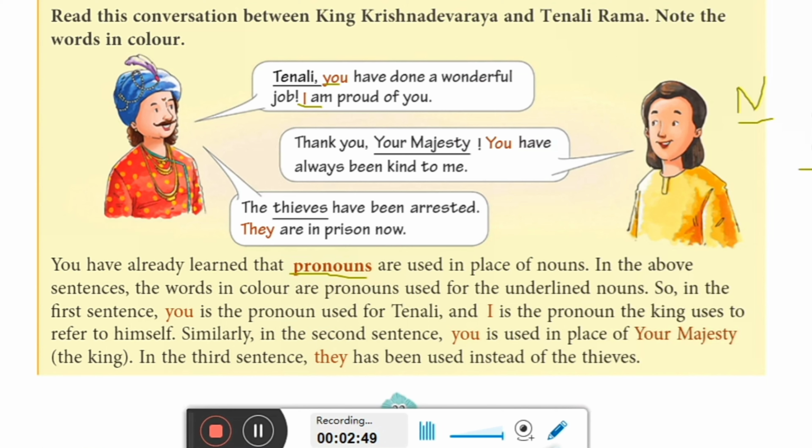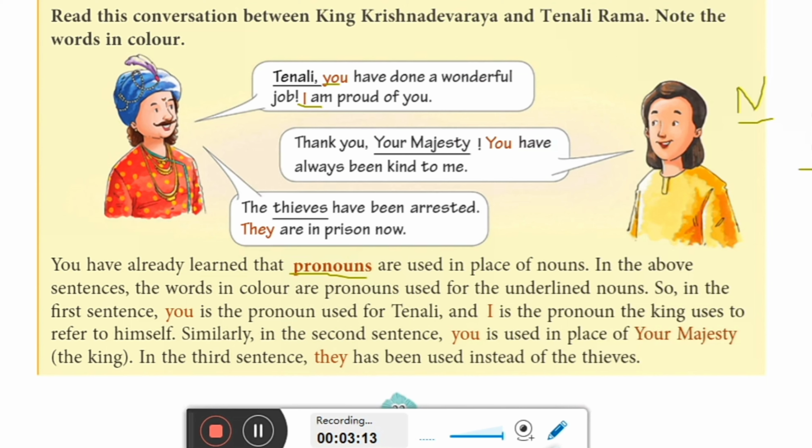He will get irritated that why are you using Ram again and again? So instead of Ram, we can say he, because he's a boy. So we can use he for Ram. If it was Riya, then we would have used she in the place of Ram.